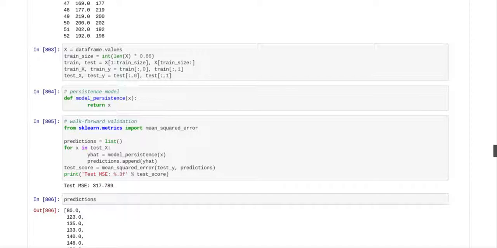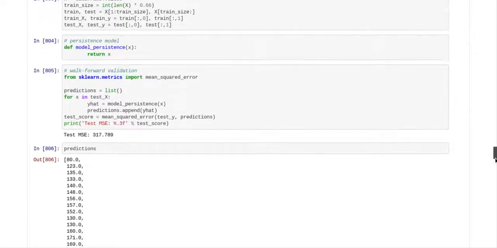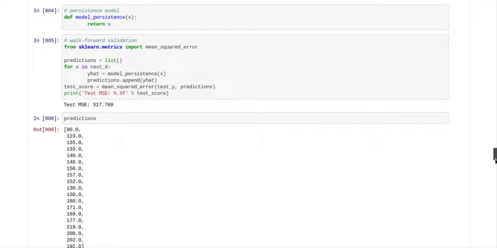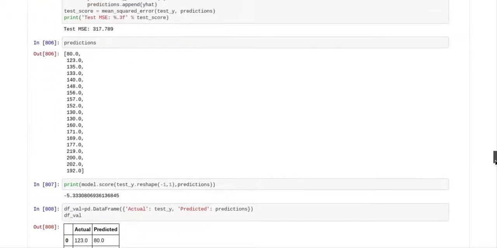So I decided to go ahead just for this experiment to use the X and Y values that he defined, and the function that he defined, and the walk-forward validation that he defined. And so I got an MSE, mean square error, of 317,789.